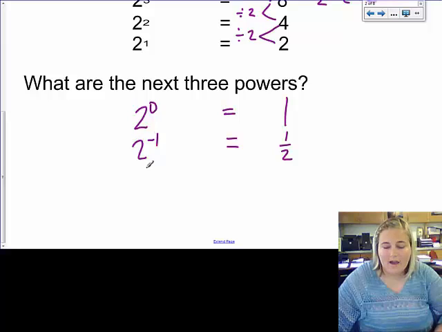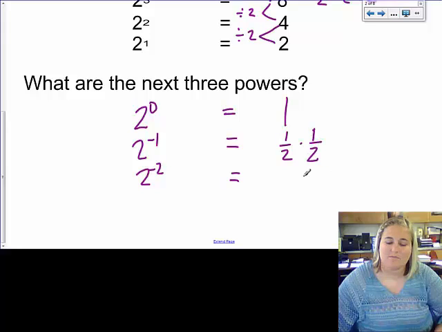One more time, we have 2 to the negative 2nd power, because we're going down by 1 each time, equals, if we took half of 1/2, half of a half, that's going to give me 1/4.